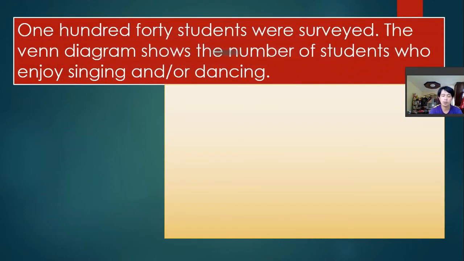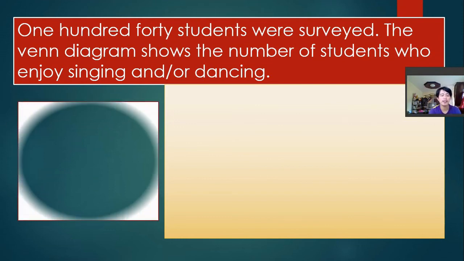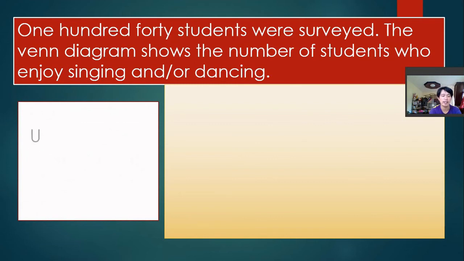Now, here is the problem. 140 students were surveyed. The Venn diagram shows the number of students who enjoy singing and dancing. So here is the Venn diagram.